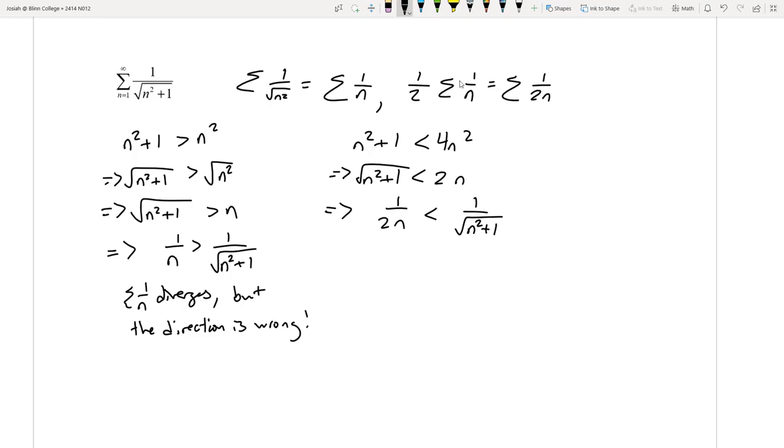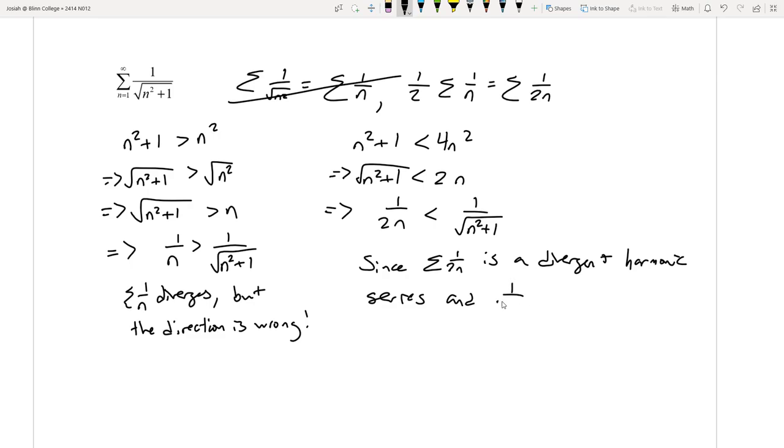This is, instead of using the harmonic series, 1 over 2 times n, which is still harmonic. So since 1 over 2n is a divergent harmonic series, and we have established that it is less than our series, term by term, our series must diverge also.